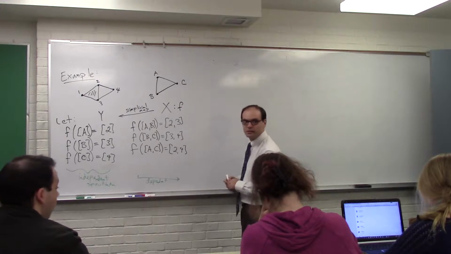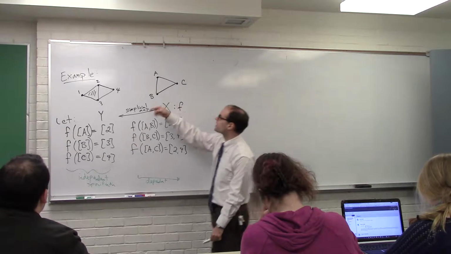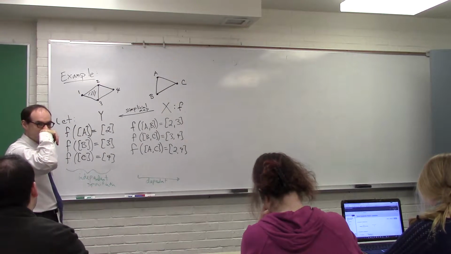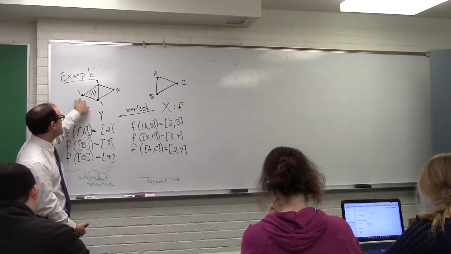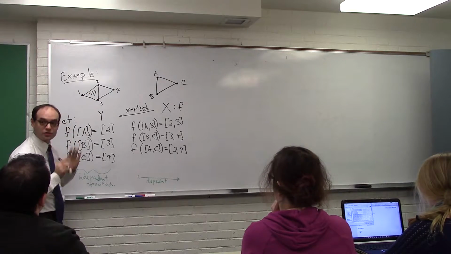No one gets mapped to 1? No one gets mapped to 1. Going this way, this thing got squashed over there somehow. And 1 is just outside the image of this function. As is the simplex 1, 2, 3. That's also outside.